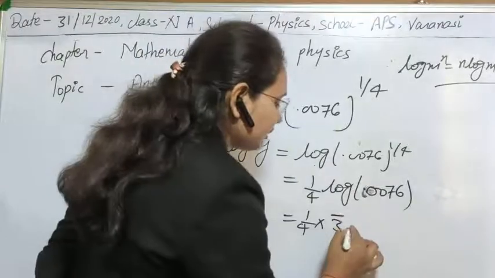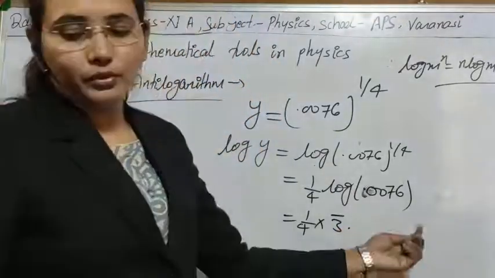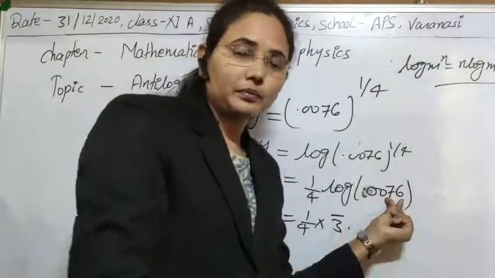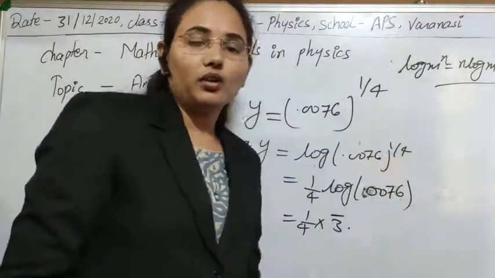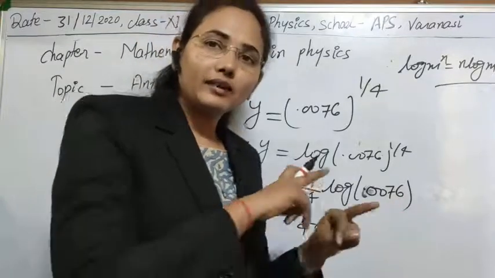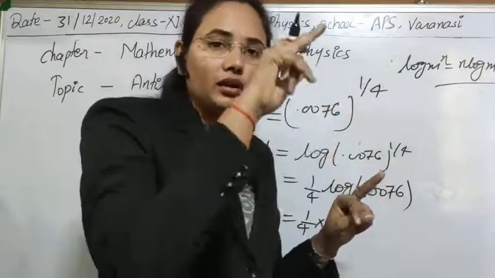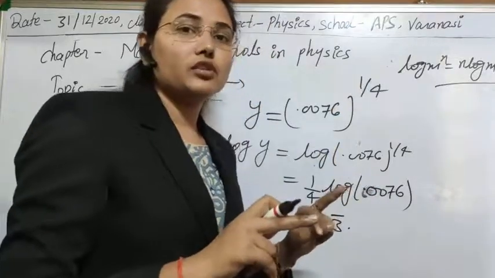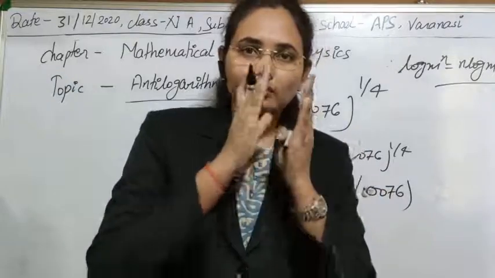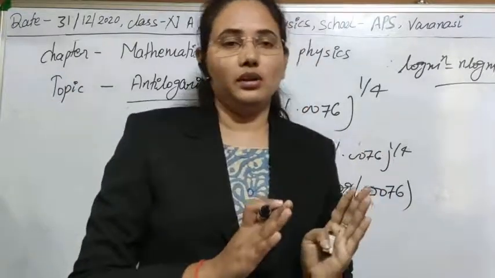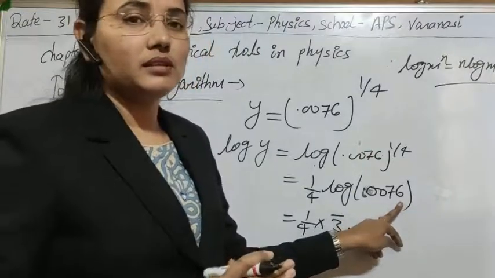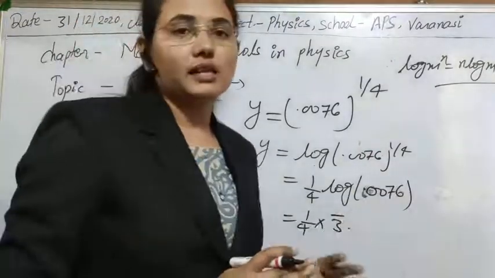So after putting 3 bar here, you have to put the point, and after that you will see the row for 76, and after that you have to see the column for which 0 is given there. So you have to see the value of the 0 column in the 76th row. So here you can now see that you have to see the 0 in the 76.